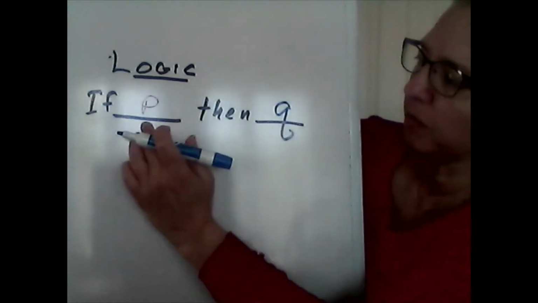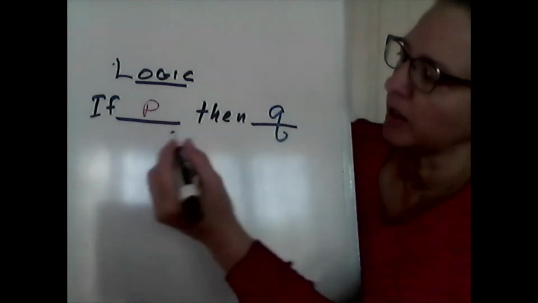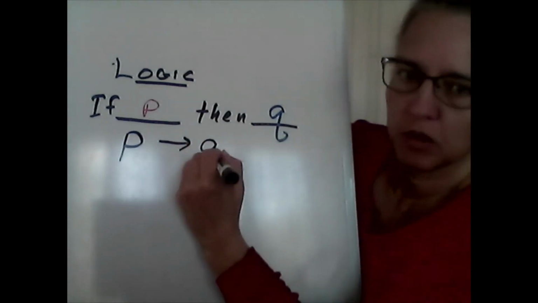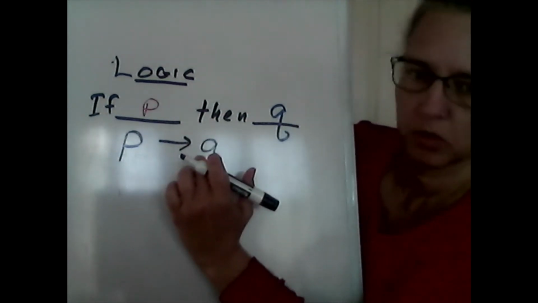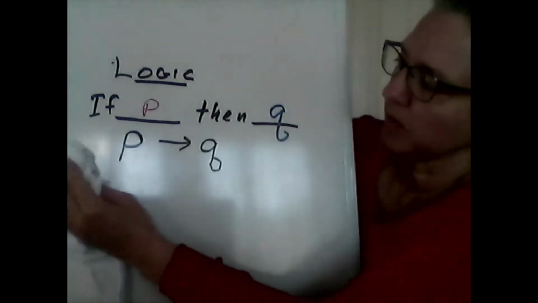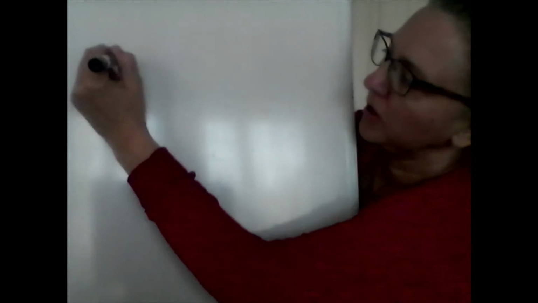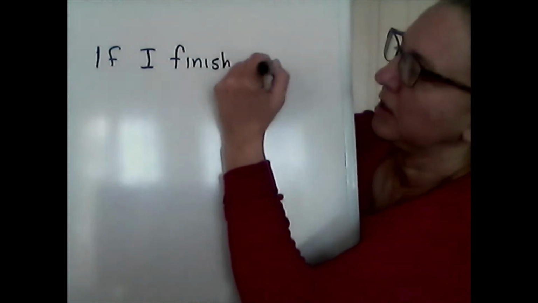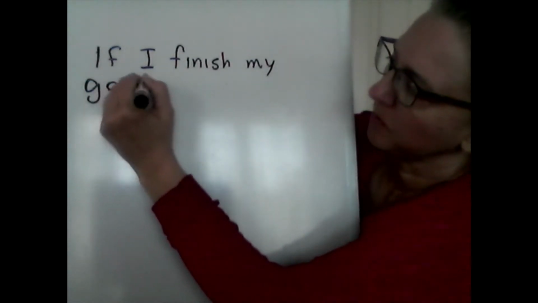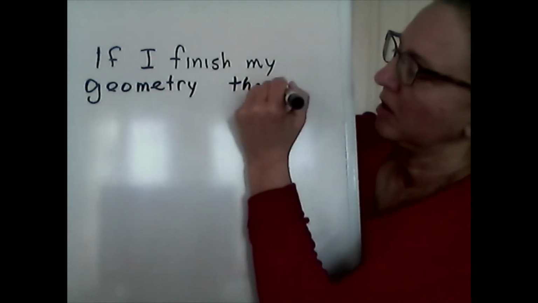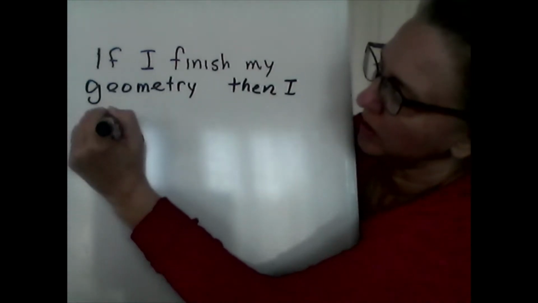How I would write if P, then Q, I would write it like this. If P, then Q. We do the P, an arrow, and a Q. So now, if I made an example of this, if I finish my geometry, then I will graduate.